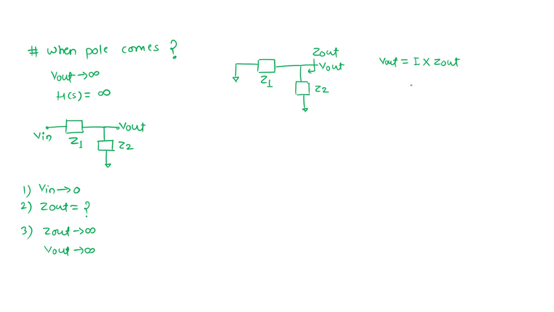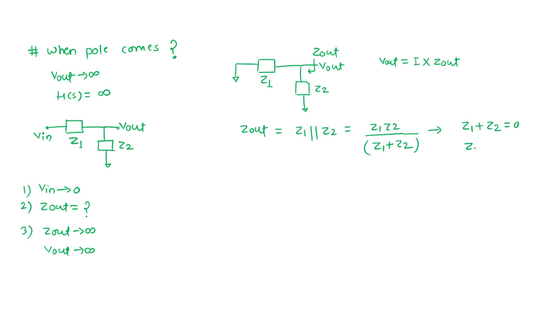So if Z out is infinite, my V out is infinite. So what is the Z out here? As this node is also shorted, this is nothing but a parallel combination of Z1 and Z2. So it comes Z1 Z2 over Z1 plus Z2. So to make the Z out infinite, the only possible condition is to make the denominator 0.